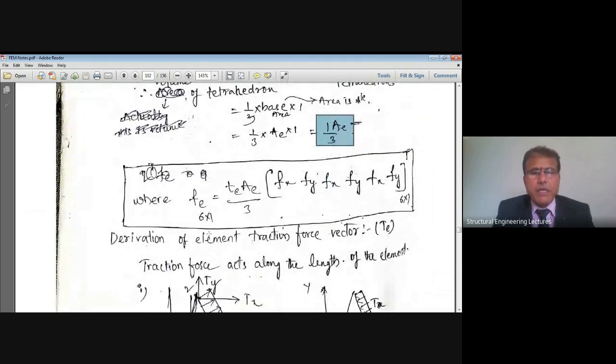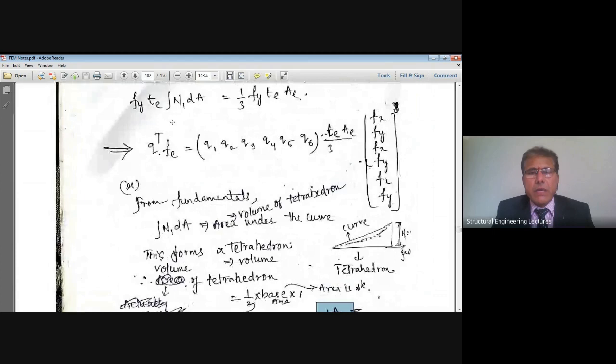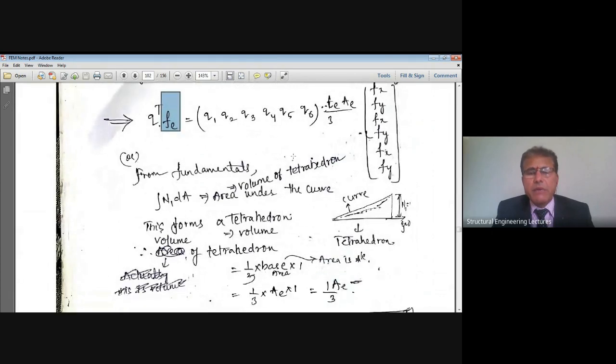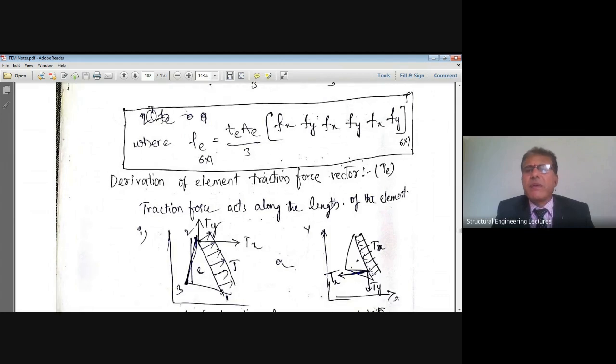Therefore, now we can say that Fe, the element body force vector, is given by the 6 by 1 matrix, T multiplied by AE, or volume by 3, times Fx Fy Fx Fy Fx Fy transpose, which is a 6 by 1 matrix.